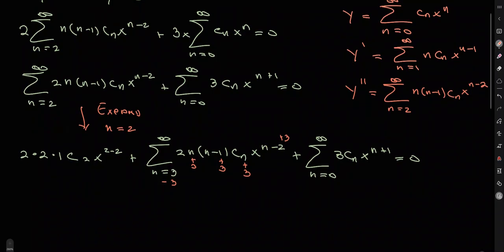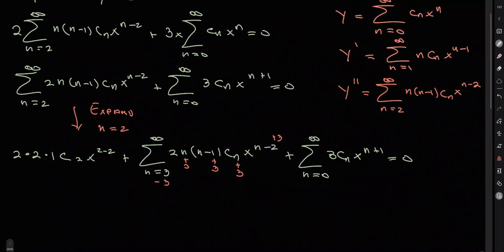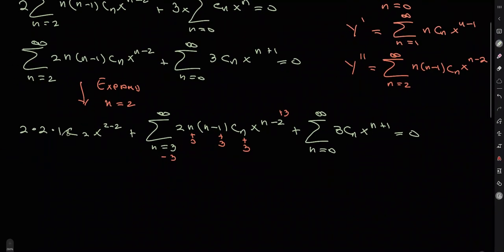All right, so let me clean up the first term we expanded. That is 2 times 2 times 1, which is 4, c sub 2, x to the 2 minus 2. That's x to the 0, which is 1, times 4 c sub 2, which is simply 4 c sub 2.